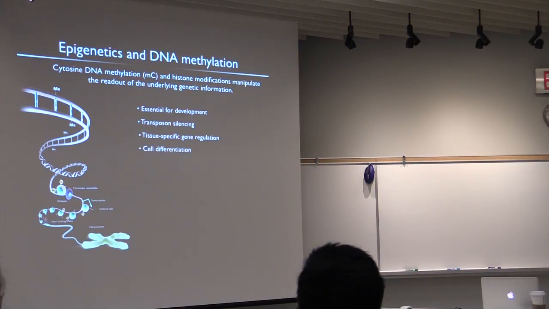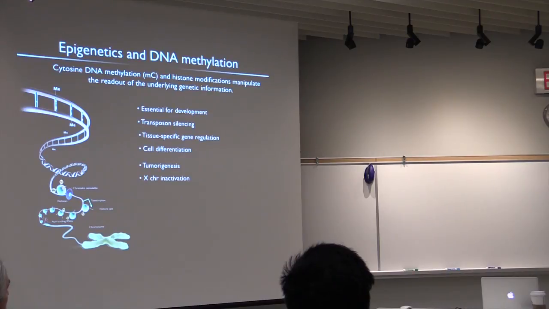During reprogramming or cell differentiation, you can have dramatic changes in regulatory sequences and their state of methylation. Probably what's most well studied, and probably least related to natural biology, though tumors happen, is promoter methylation that occurs during tumorigenesis. That's been studied for a long time. Then there's X chromosome inactivation, which has some features that DNA methylation is involved with.